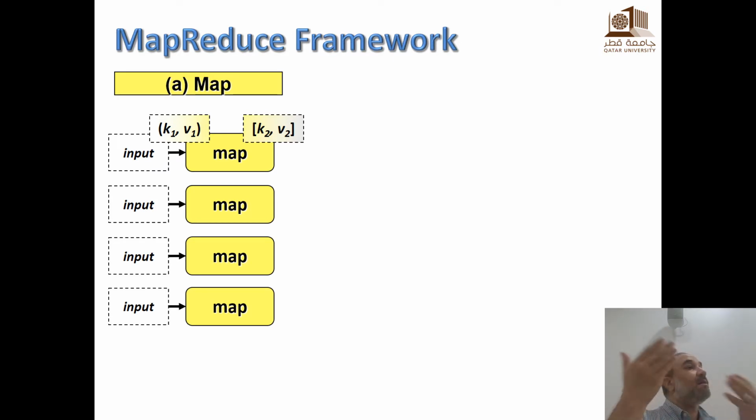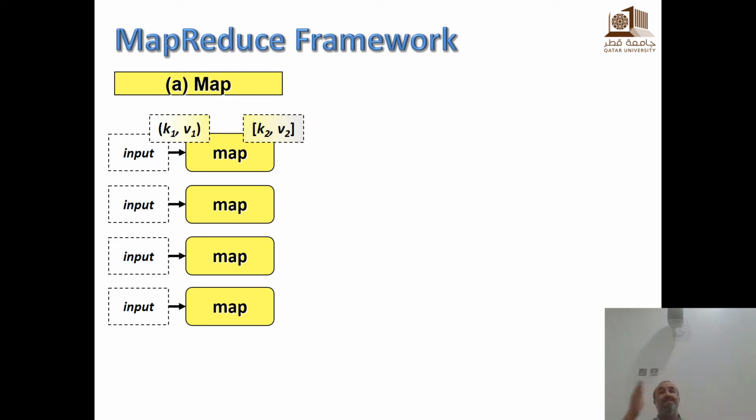And it can be 0 or more. So this list doesn't mean that it has to be at least one. No, the map function might decide not to produce any output from that record, or to produce one or more outputs. It depends on your application. Okay? So it can produce a list of keys and values also. They have to be keys and values.